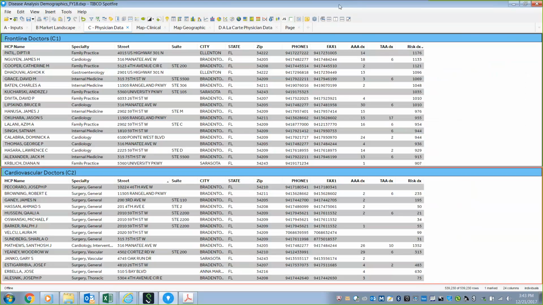All right, let's focus on what this data means here. So first is risk diagnoses. Why do we have this? What do we use it for? I would say that one of the ways risk diagnoses is really powerful is in explaining that this doctor in particular sees a certain number of patients every year, and he's claiming, in this case, the top one is 1,176 claims for patients that are at risk.